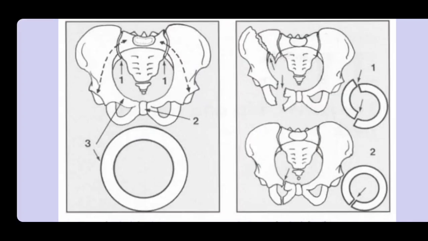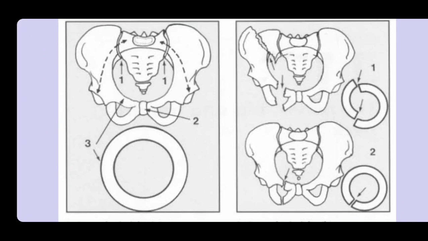For a better understanding of the biomechanics of pelvic injuries, the pelvic ring is presented as a circle. The body weight is transmitted through the sacrum, sacroiliac junction, to the acetabulum and to the lower extremities. Note on the left side, when the circle is not interrupted, the weight is transmitted without any problems. But on the right side, we can see two fracture patterns.